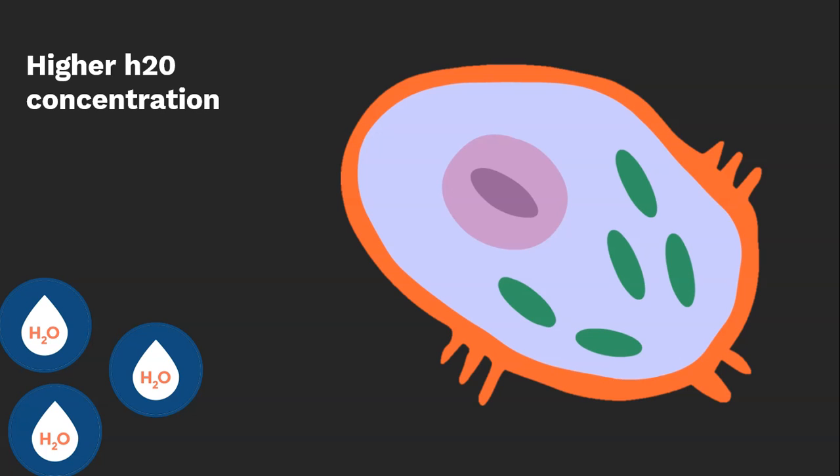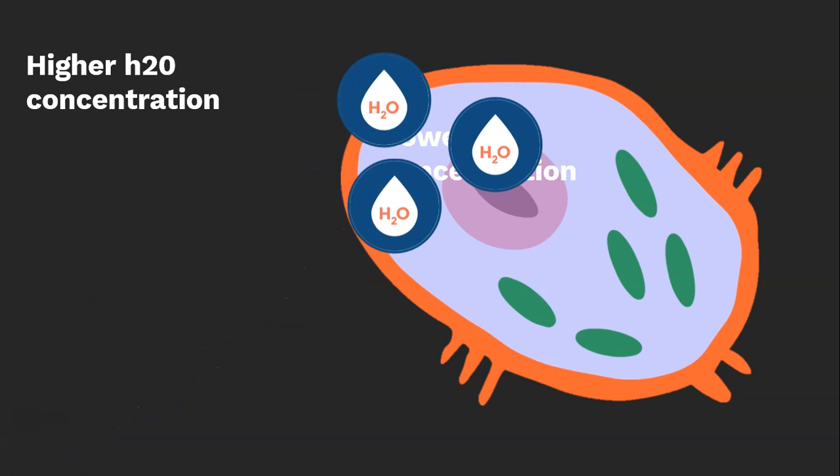Taken that the surrounding medium of the cell has a higher water concentration, and inside the cell there is a lower water concentration, water will move from the higher concentration to the lower water concentration, or it'll move from the surrounding medium into the cell if the cell has a lower water concentration. And all happens through the selectively permeable membrane present in the cell membrane. This can also be taken vice versa. If the cell has a higher water concentration and the surrounding medium has a lower concentration, then the water moves out of the cell.